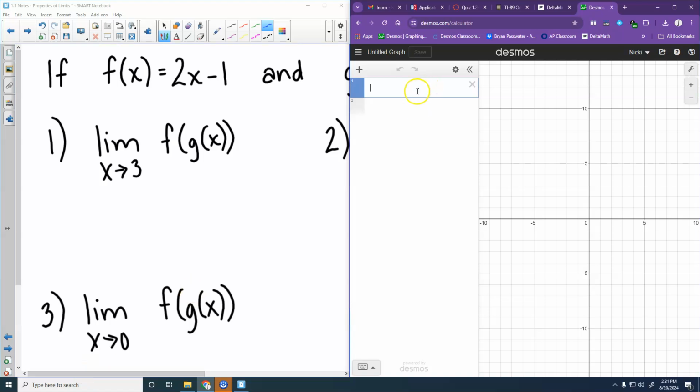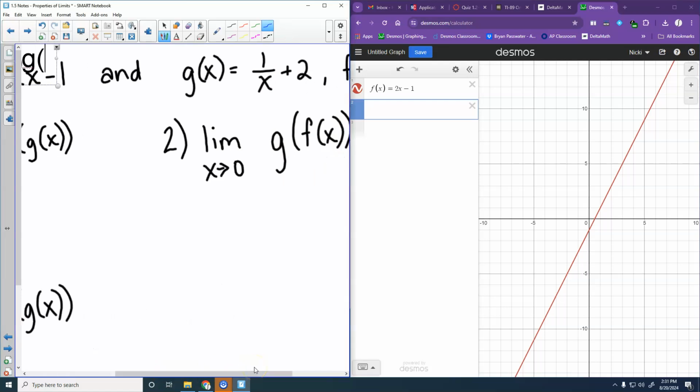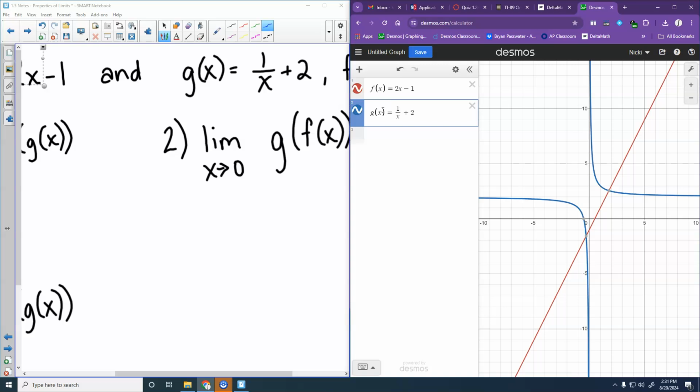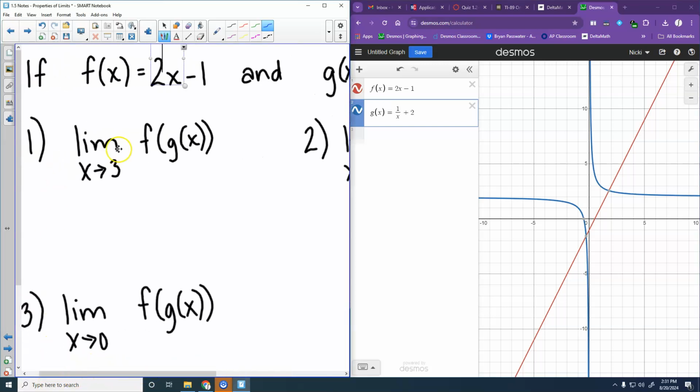So if I've got f of x equals 2x minus 1, that's just a line there, and I've got g of x equals 1 over x plus 2. Alright, so if I'm doing this problem, I need to do the limit of the inside part first.